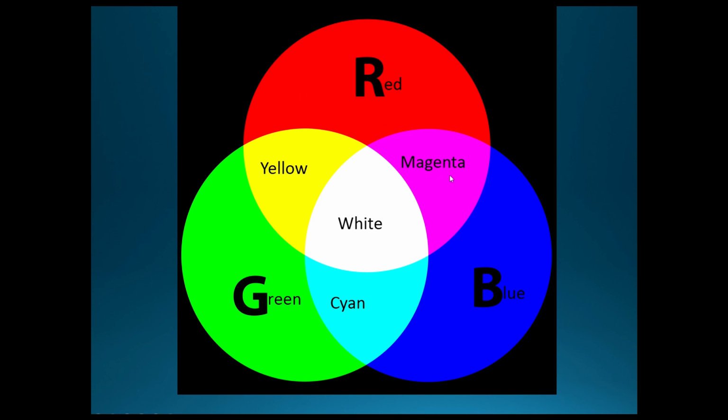For magenta, we'd need all the red, 255. There is no green because the green finishes there, so that would be 0 for the green, and we've got all of our blue, so it would be 255 for the blue. So our RGB code for magenta is 255, 0, 255. Again, in the middle, like we just saw in the desktop publishing program, white would have an RGB code of 255, 255, 255.